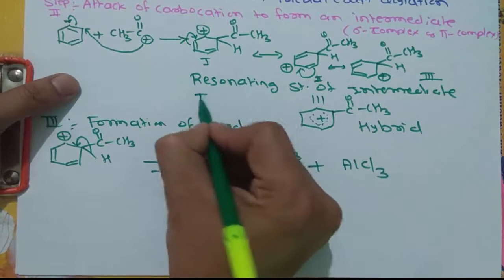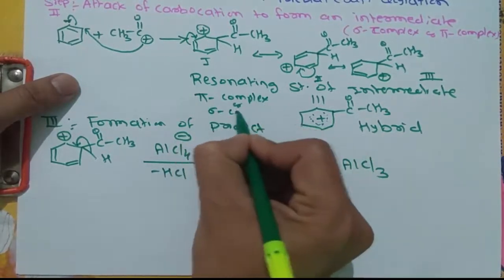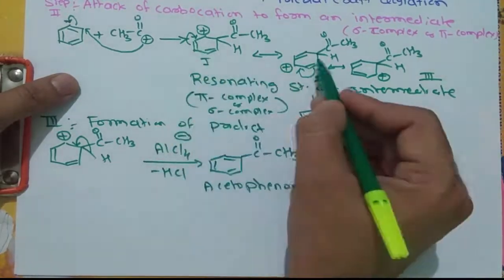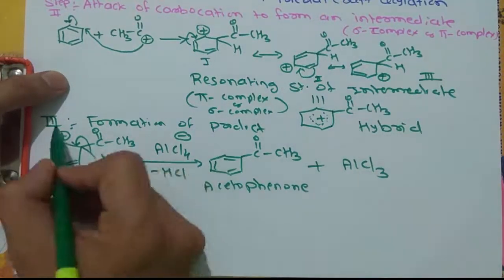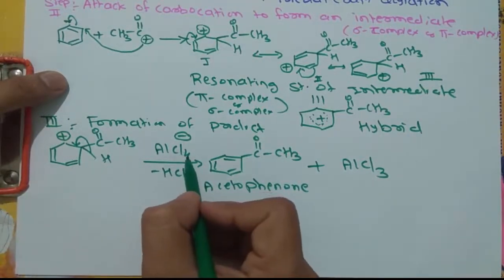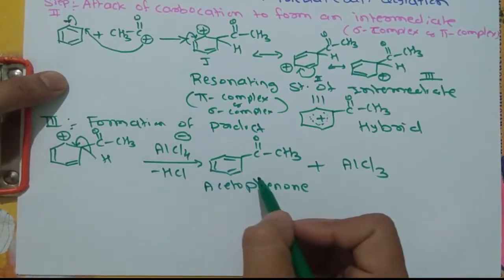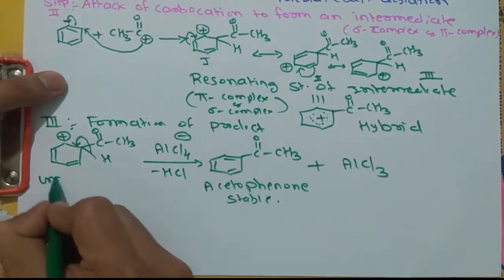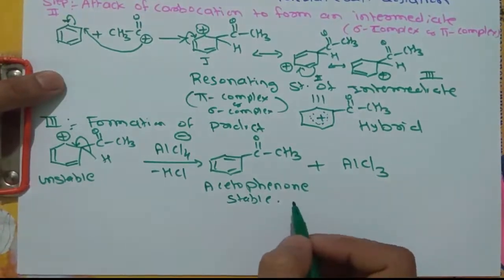This intermediate is also known as the pi complex or sometimes the sigma complex, and there are different resonating structures of it. Step third is the formation of the product. Here AlCl4 minus abstracts the proton from the unstable intermediate, and the stable compound acetophenone is formed.